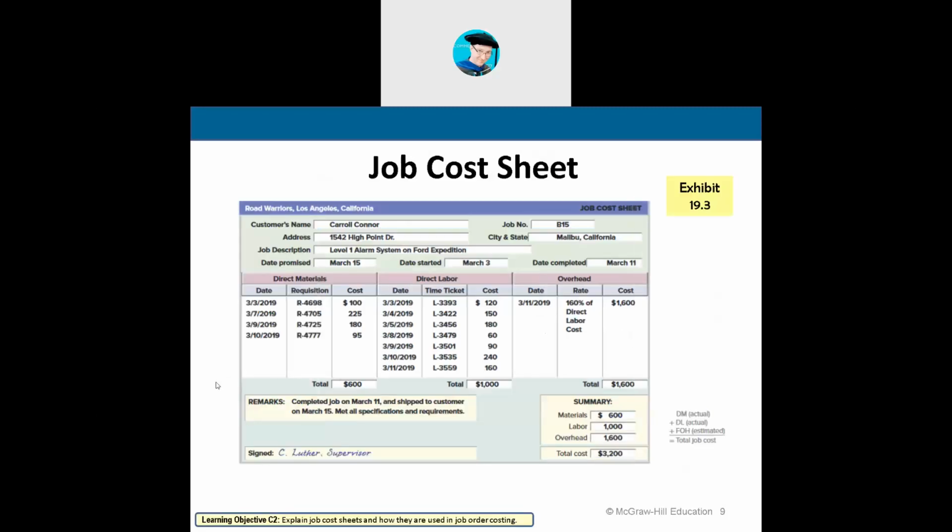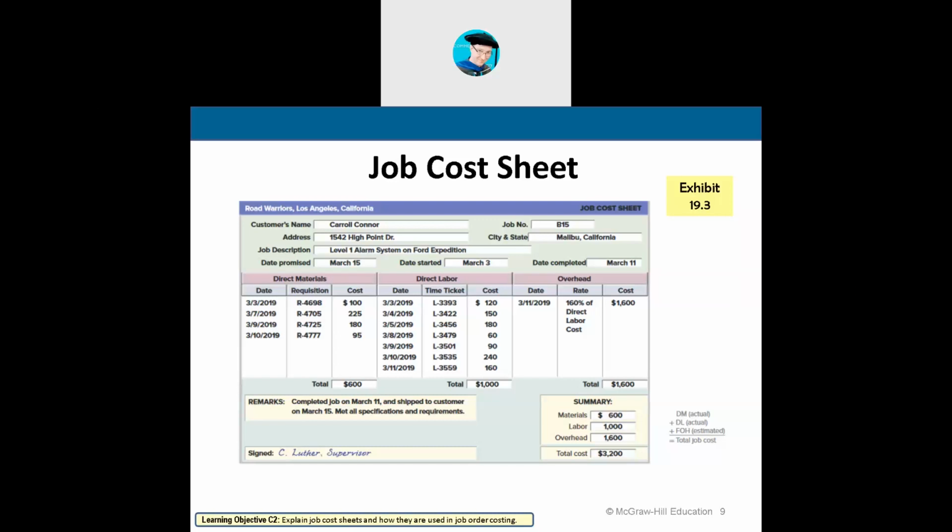The job order cost sheet is exactly as I had said. It tracks all of the materials, direct labor, and the factory overhead applied to building my truck from Toyota. It is a sheet that tracks the cost of these three things all the way from just being raw materials to the end, to the finished good.